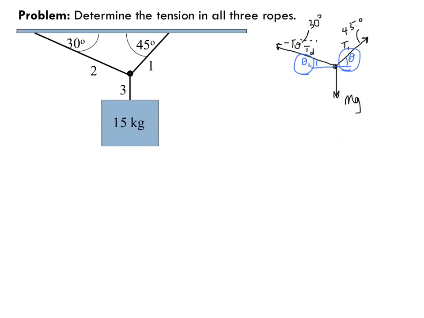So first things first, I want to solve for the components of my tensions. So here on this side will be tension 1 sine of theta. Down here will be tension 1 cosine of theta.